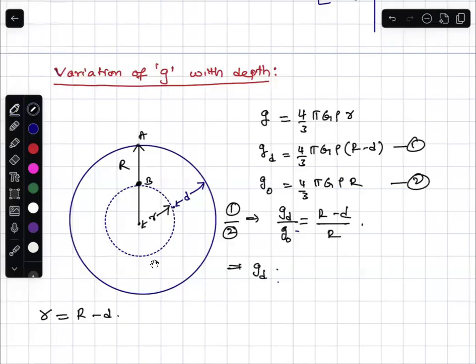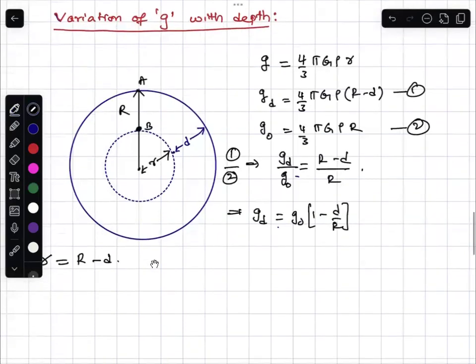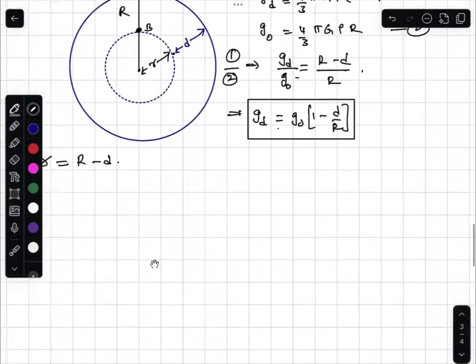So which clearly implies g naught times (1 minus D by R). So with the height, with the altitude, g decreases. With the depth, g decreases. And one more important point is, please try to recollect the graph, the volume charge distribution graph. Please try to recollect that.